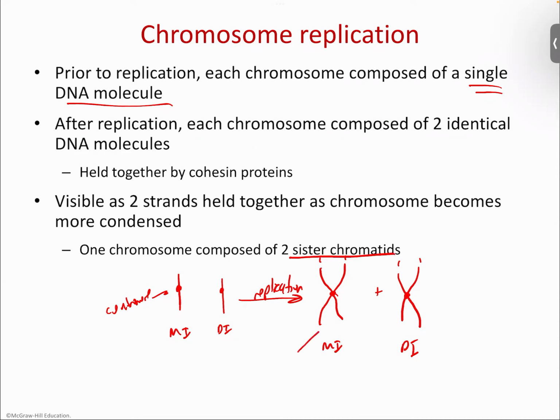This one right here and this one right here are sister chromatids. They're identical copies of each other on one of the homologs. And these here are also sister chromatids. So now, instead of having 2 copies of chromosome 1, you have 4 copies of chromosome 1, 2 moms and 2 dads.